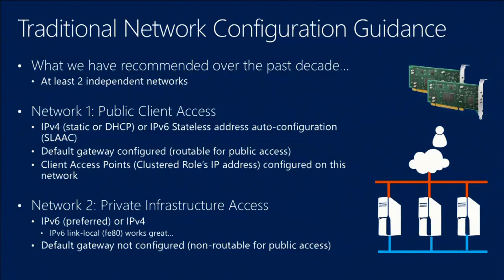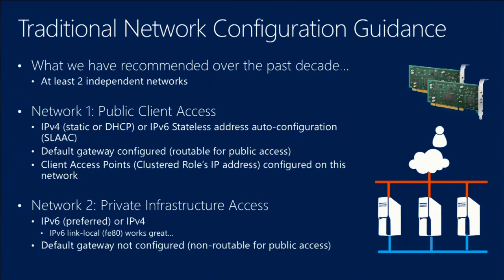The cluster supports IPv6 as well as IPv4. Cluster prefers IPv6 for the private network traffic. So especially when you're sending cluster database replication messages or heartbeat messages, it would prefer an IPv6 packet if you have that enabled. If you have IPv4, that's fine too, or a combination of the two is also fine.